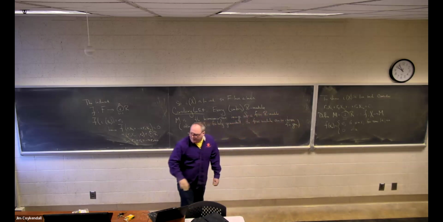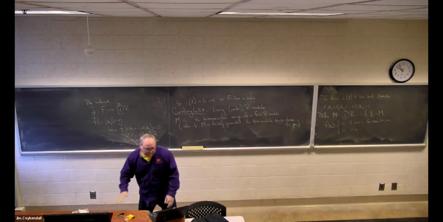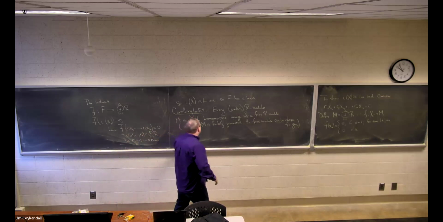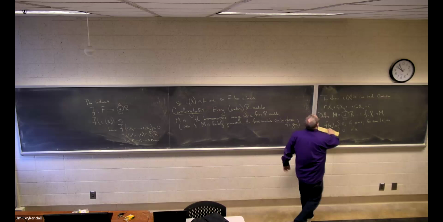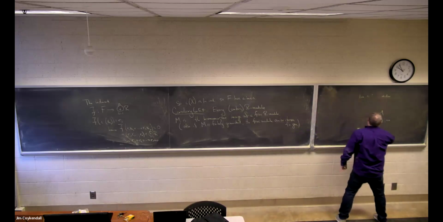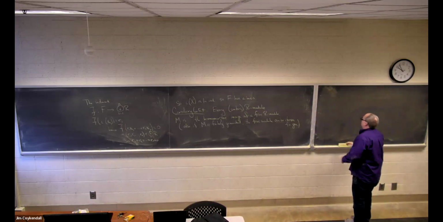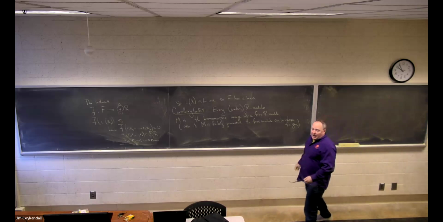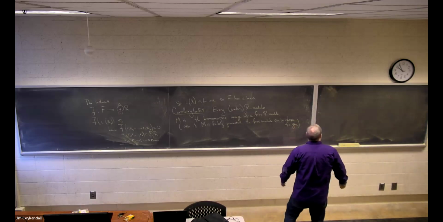So not only is every R module a homomorphic image of a free module, but if it's finitely generated, we can pick the free module to be finitely generated as well. I will do a quick proof of this.